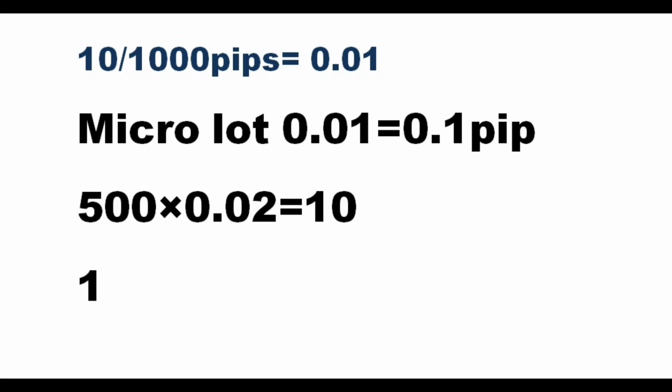This $10 right here is the amount you risk per trade. Let's take a scenario where your stop loss is 100 pips.